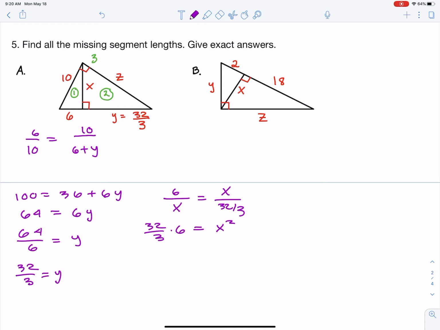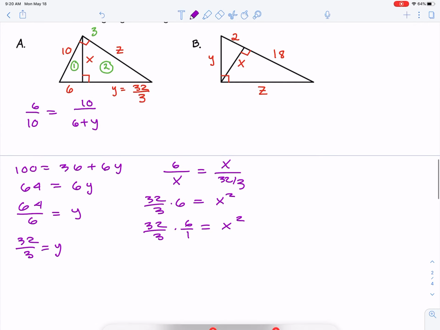So this becomes 32 over 3 times 6 over 1 equals x squared. Notice I can cancel out a little bit here. So I get 32 times 2 is 64 equals x squared. So x equals plus or minus 8. But of course, this is the length of a side of a triangle, so x equals 8.